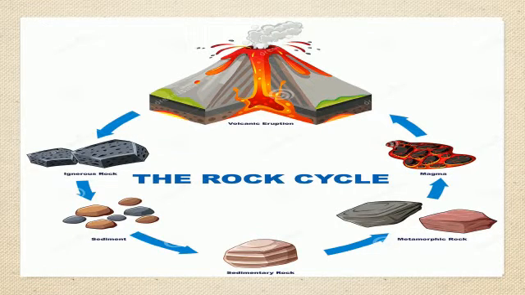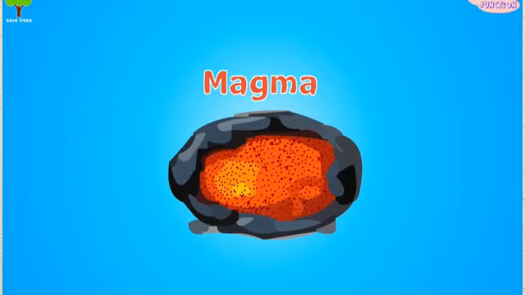Now we will study about the rock cycle. How these rocks are formed, they change their shape from one rock to another. So students, as you can see, this is magma. This magma is there in molten form inside the earth.